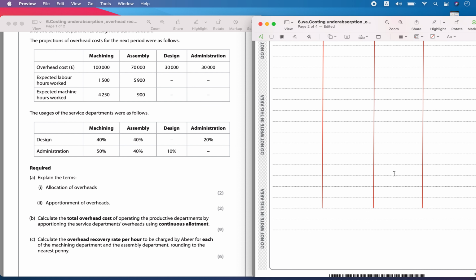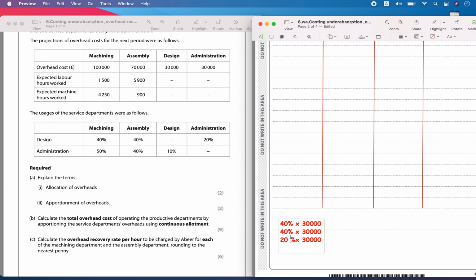So 40% of 30,000, 40% of 30,000, and then 20% of 30,000.